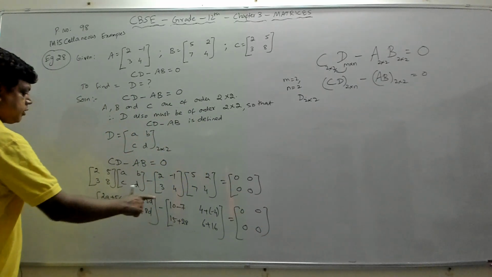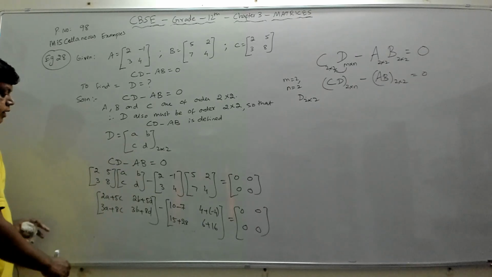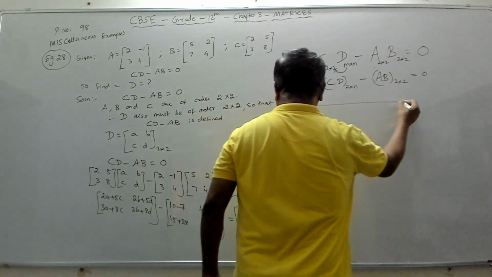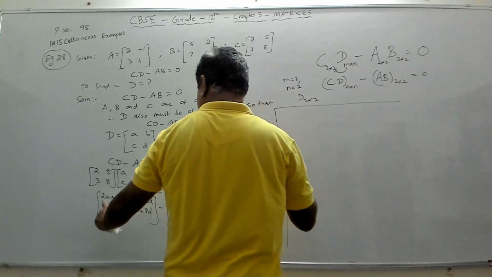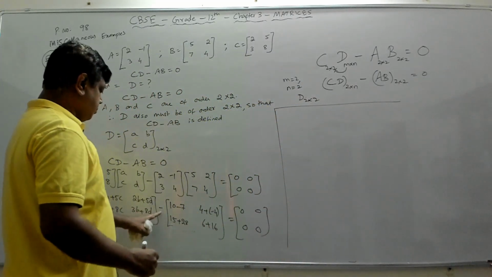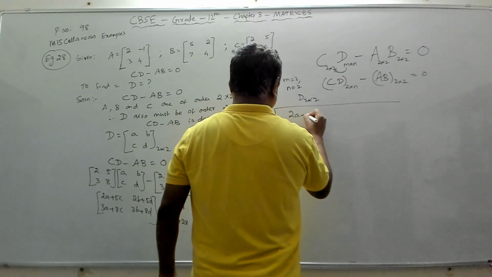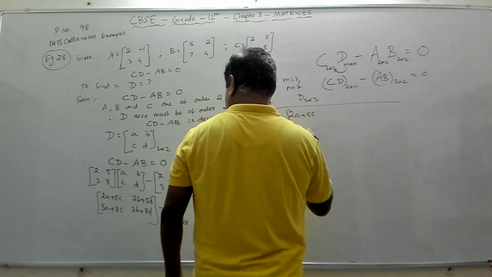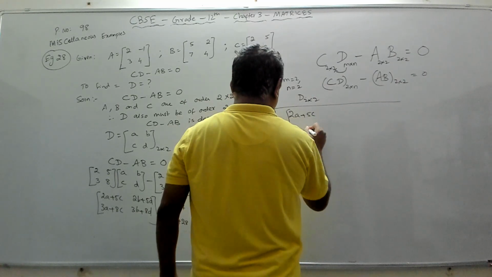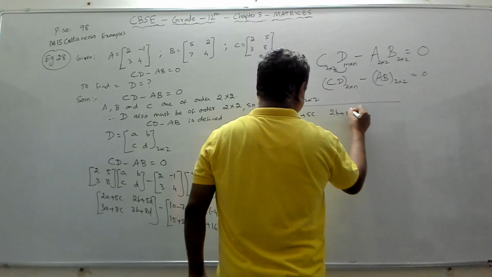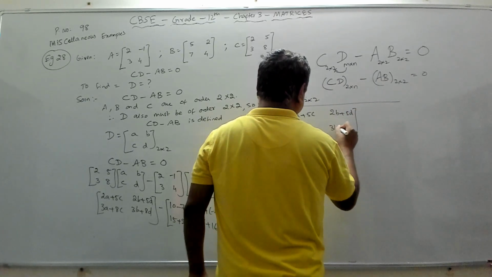Now let's subtract these two. If you subtract these two, what do we get? We get another matrix. I'll write it here, with this step also. So 2a plus 5c, then 3a plus 8c, 2b plus 5d, and 3b plus 8d.